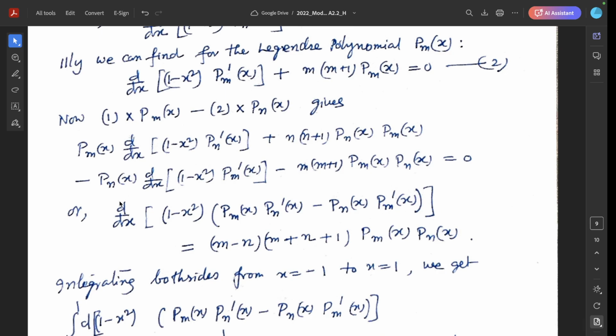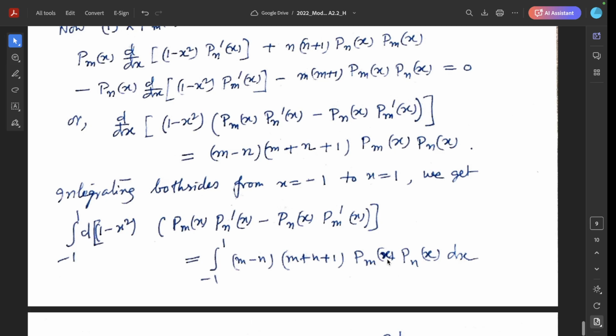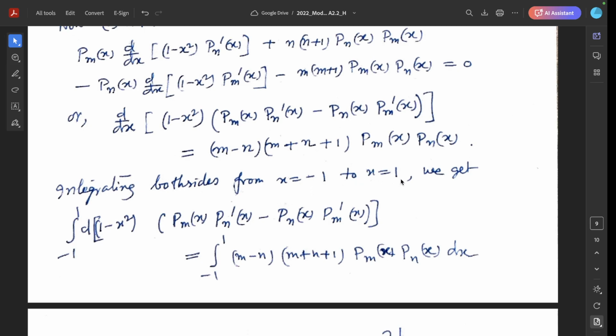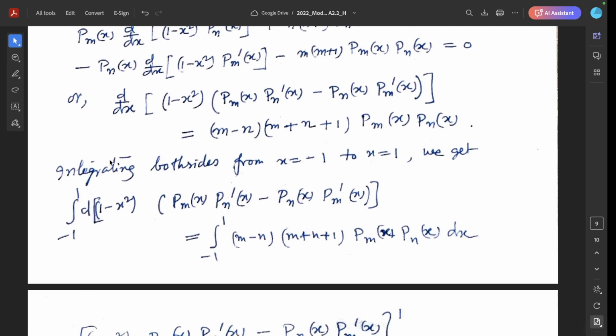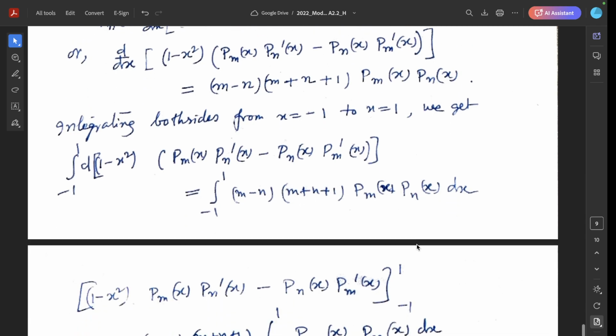So combining, we get d/dx of (1 minus x square)(Pmx Pn dash x minus Pnx Pm dash x) is equal to (m minus n)(m plus n plus 1) Pmx Pnx. Integrating both sides from x equal to minus 1 to x equal to 1, we get integration from minus 1 to 1 of d of this, equal to integration of (m minus n)(m plus n plus 1) Pmx Pnx dx.